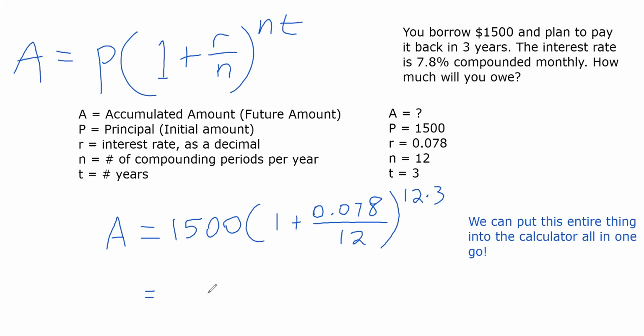So bust out your calculators. Those TI-84s can easily handle something like this. Clear it out or get a nice fresh line that has nothing written on it. And you can actually literally type this directly into the calculator, and you're going to use parentheses. You're going to use another set of parentheses so that the calculator knows to do that 0.078 over 12 computation first.